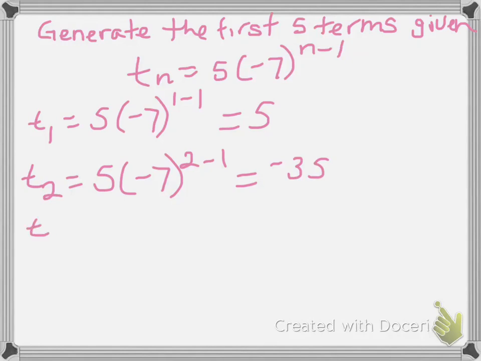So t sub 3, so our third term, is equivalent to 5 times negative 7 to the power of 3 minus 1. So that's going to be 5 times negative 7 to the power of 2. So negative 7 squared times 5 gives us 245.